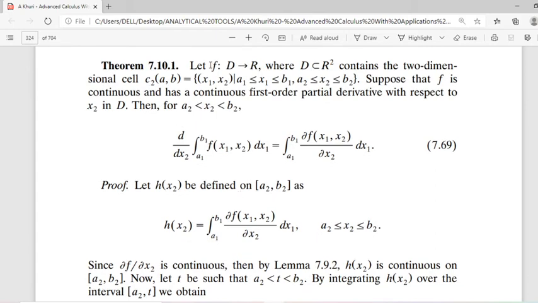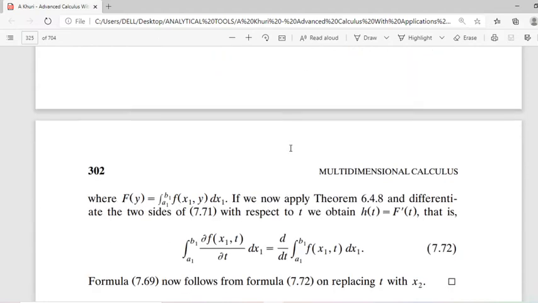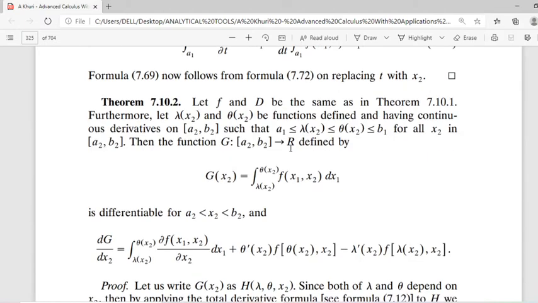What is the assumption of this theorem? F from D to R, D a subset of R2 containing a two-dimensional cell, and suppose f is continuous and has first order partial derivatives, so this interchange of integration and differentiation is possible. We are adopting this information for the present theorem. Here we have said that let f and D be the same as in theorem 7.10.1, so that assumption is clubbed with this theorem.